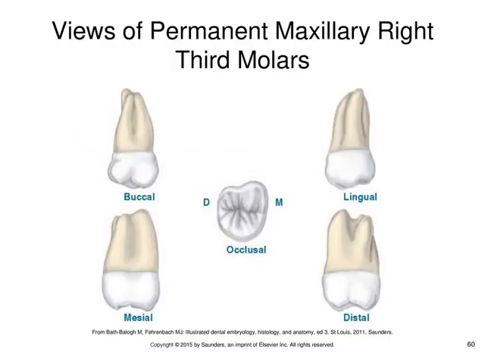Here we can see the different views of the maxillary third molar. We can see there is a distolingual cusp. This is the distolingual cusp, and the distobuccal cusp, which is smaller than the mesiobuccal cusp, right, on the buccal aspect.